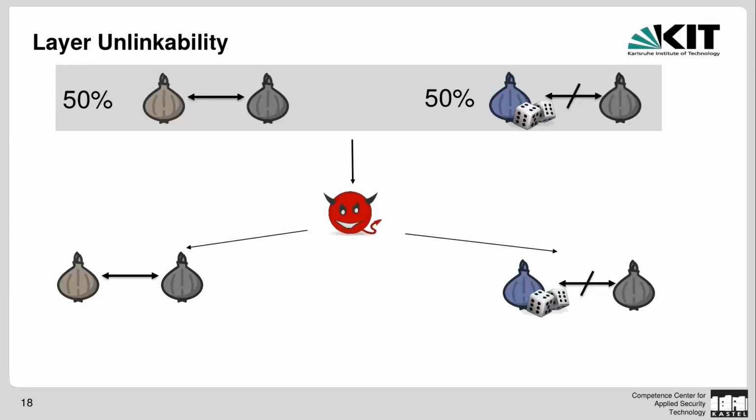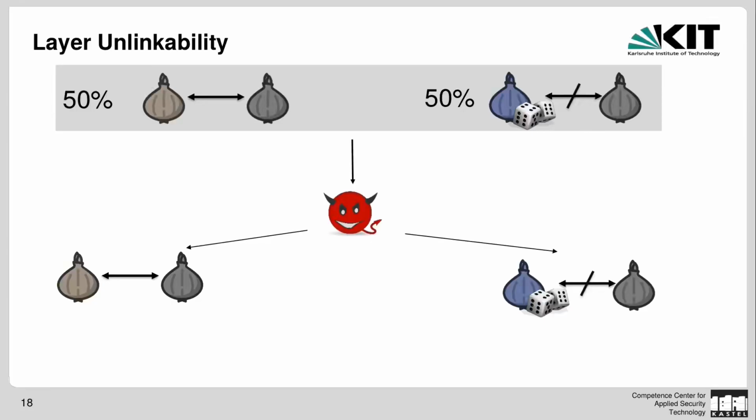So we pick one of the two and give it to the adversary. Now the adversary has to guess which of the options was presented to him. And if he can do so with non-negligible advantage, so actually better than just randomly guessing, then we say, well, he must have some idea which onion layers belong together, and which other onion layers don't. And therefore we say layer unlinkability is not achieved, and thus the onion routing or mixed protocol is not secure.